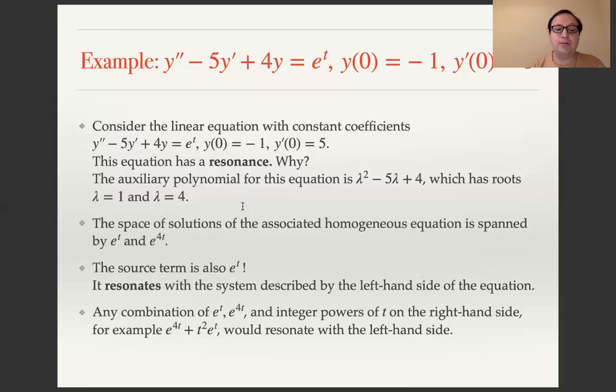The auxiliary polynomial for this equation is lambda squared minus 5 lambda plus 4, which has roots lambda equal 1 and lambda is equal to 4. So the space of solutions of the associated homogeneous equation is spanned by e to the t and e to the 4t. So one function for each of the two distinct roots.